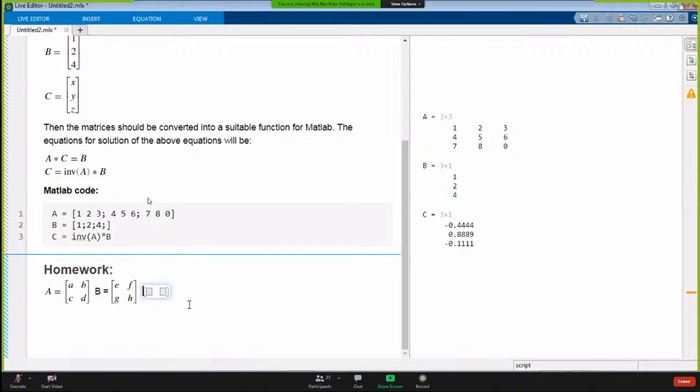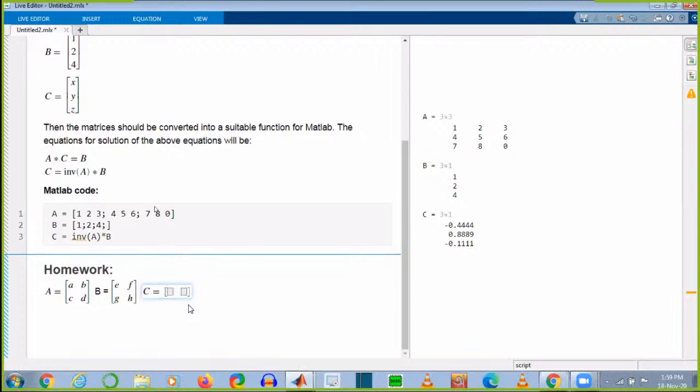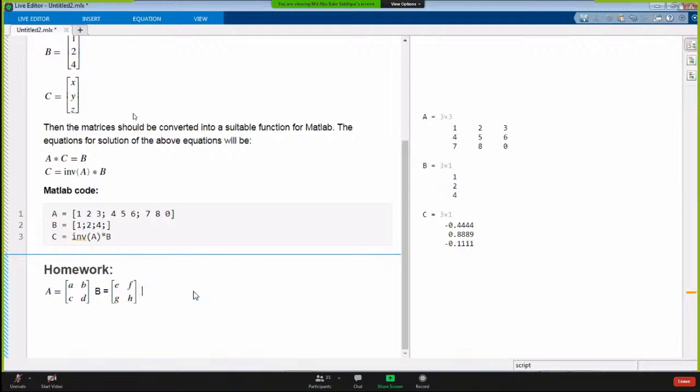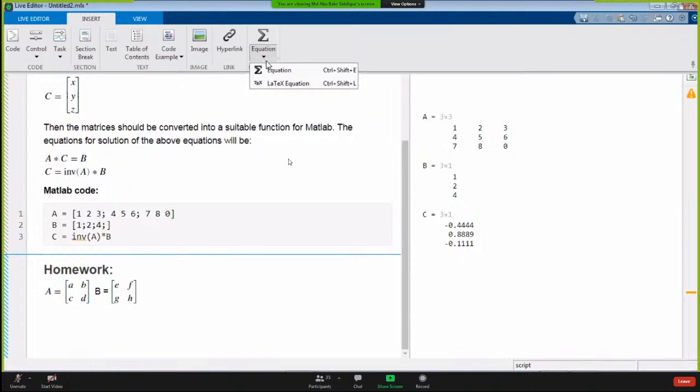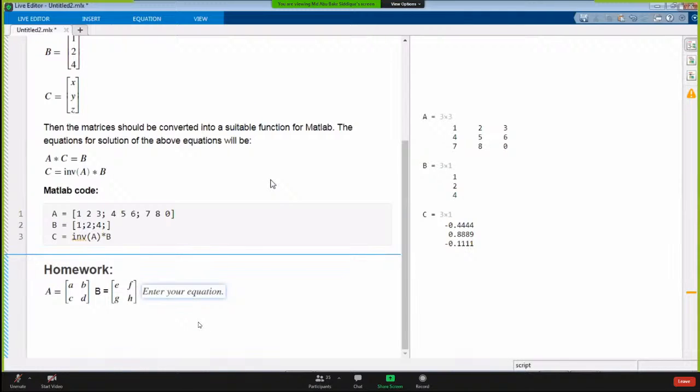Okay, so we have C. C equal. Okay, we don't need a matrix here. Why am I taking a matrix? Just take an equation. Okay, so we have to finish actually. C equal A plus B maybe.